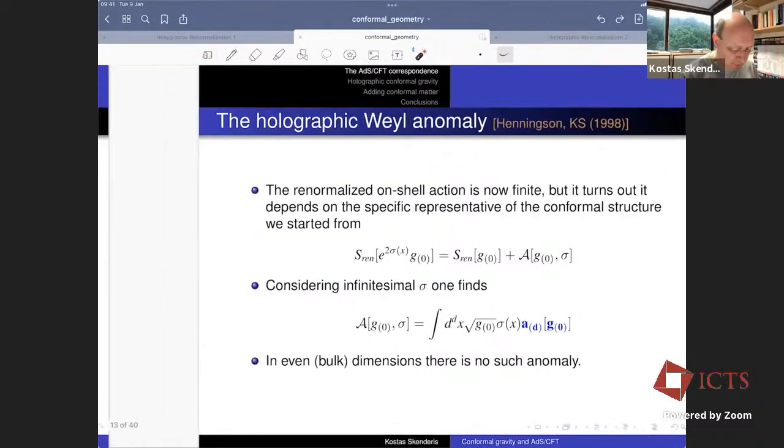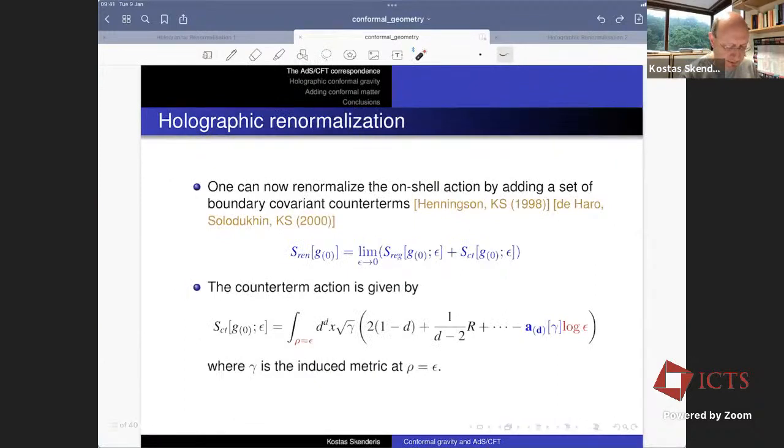Because here, when we do the subtractions, when I add the boundary action, all of these terms are infinite, but I can choose, when I do my subtraction, to add also a finite piece. And this finite piece encodes scheme dependence.